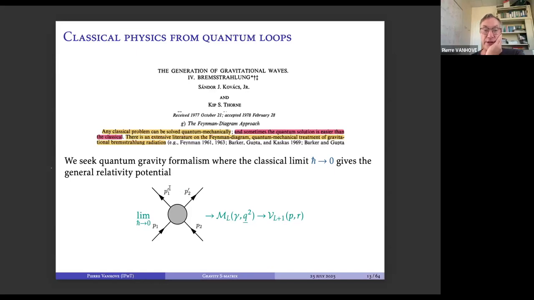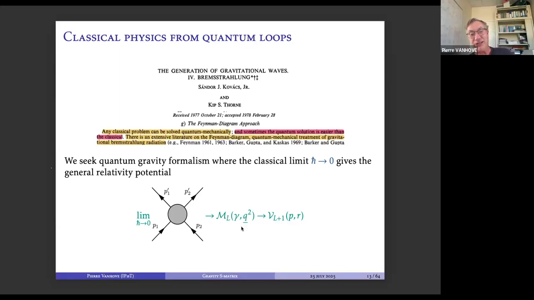You do a scattering, because if you use Feynman integrals, particle 1 and particle 2 scatter gravitationally, so inside there is only gravitational interaction. This is a quantum amplitude, and you define an appropriate classical limit. How you do that is not a trivial fact, so this is what I'm going to explain.